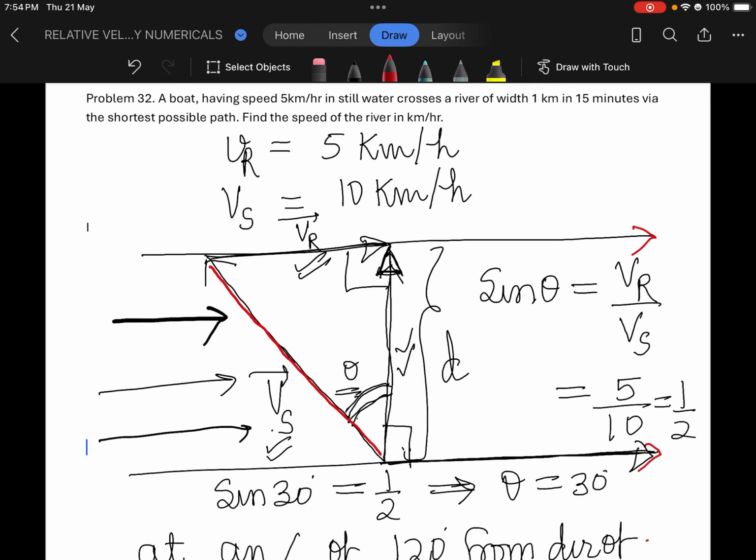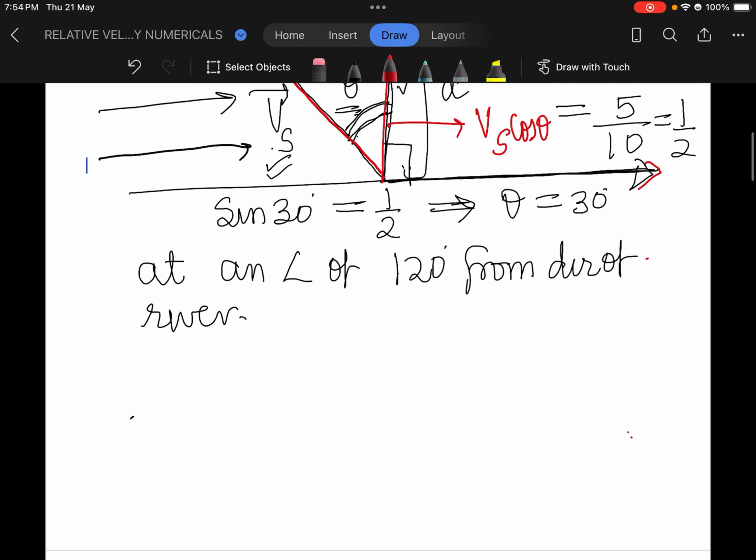The component of Vs along this direction will be Vs cos theta. So what will be the time? Time equals distance upon speed, d upon Vs cos theta.